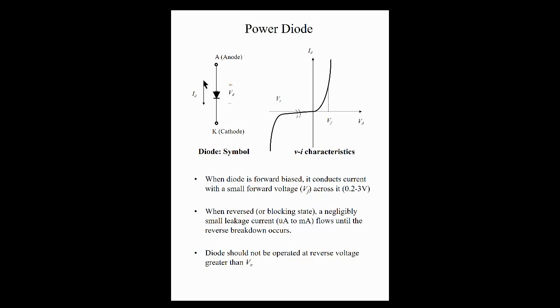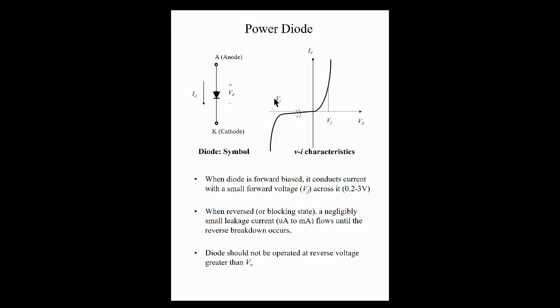In the reverse state, and we'll look at this side, it's quite a small leakage current that we observe at this point. It's normally of the order of microampere to milliampere that will flow in that reverse blocking state, right?